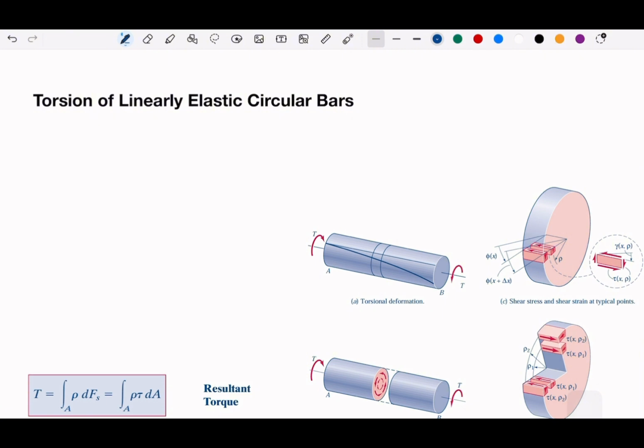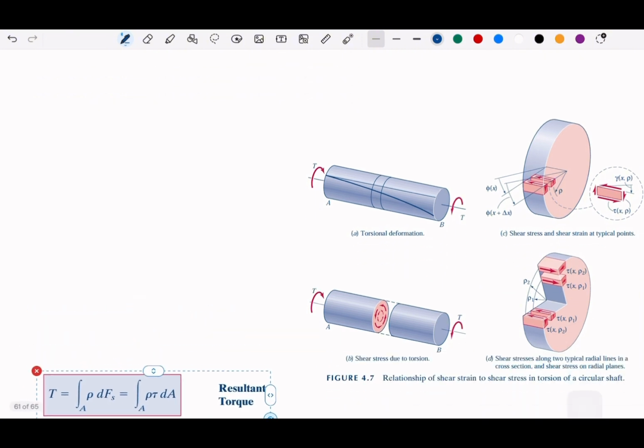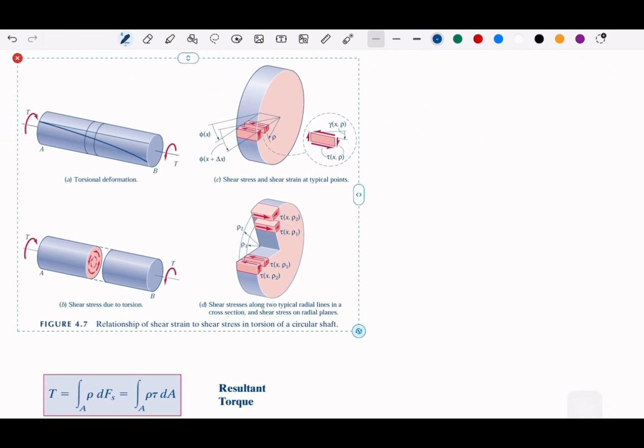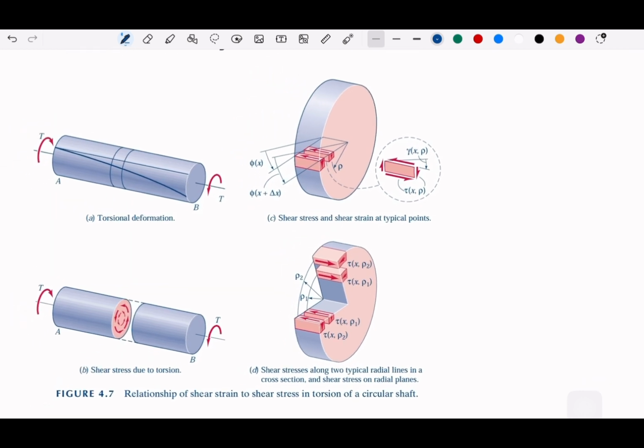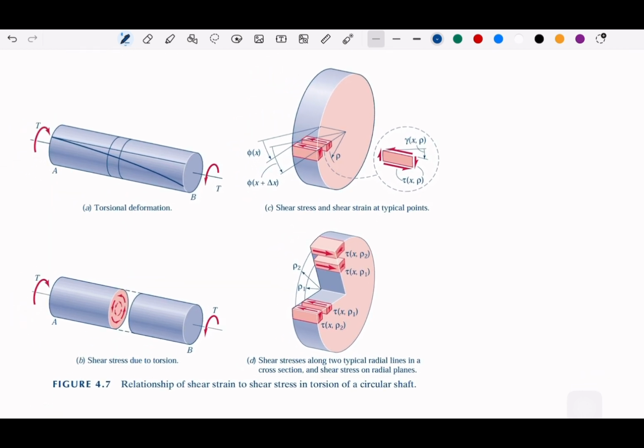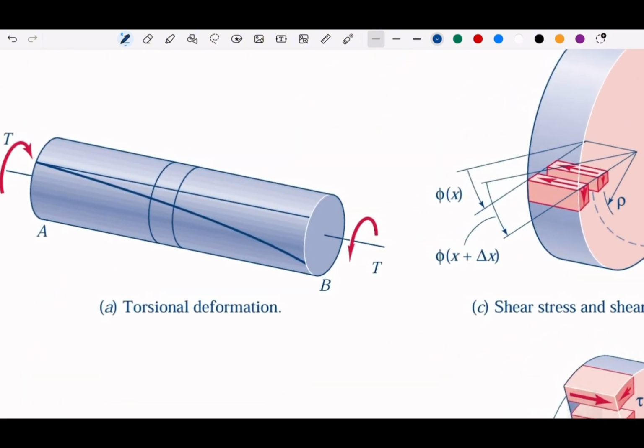Let me first start with the picture here. We have the torsional deformations as we mentioned before. Let's take out an element at a typical point. Suppose this is the section; we cut this part and get this.